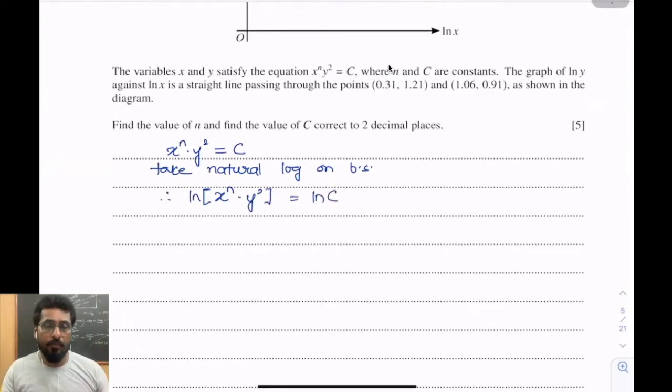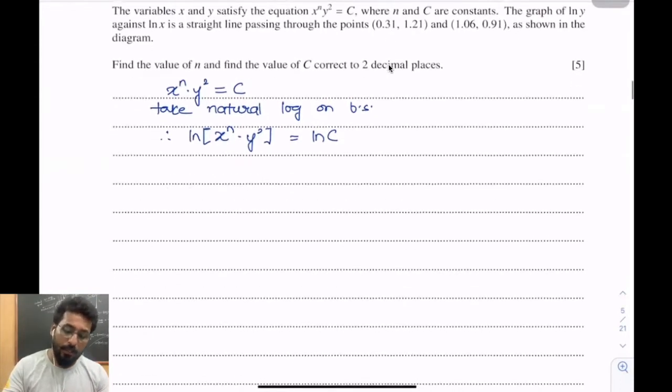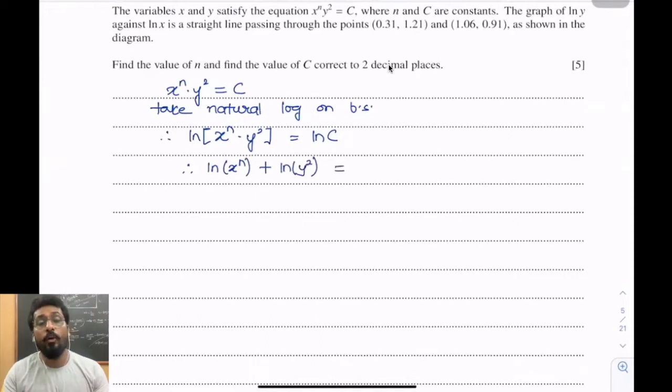Don't you recall the basic properties of logarithms? ln(ab) is equal to ln a plus ln b. So I can write, therefore, ln x^n plus ln y² is equal to ln c, which can be called a new constant k if you have to. I'll call it k.